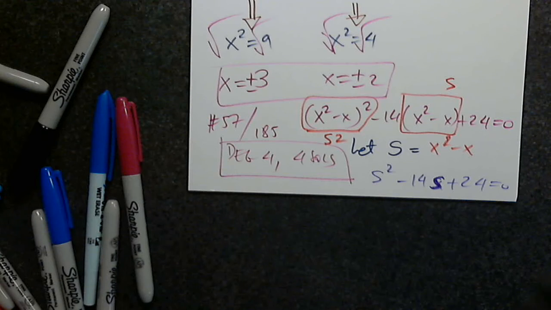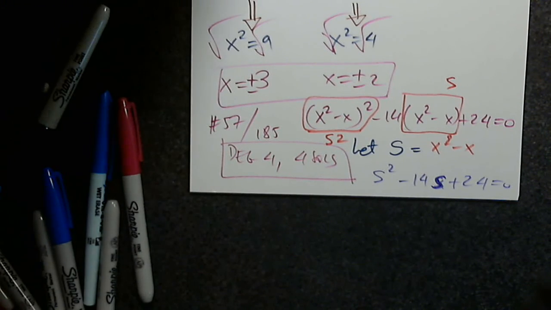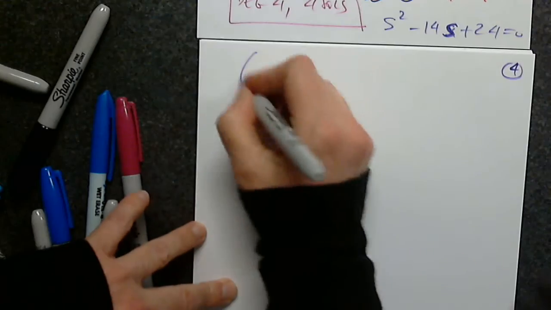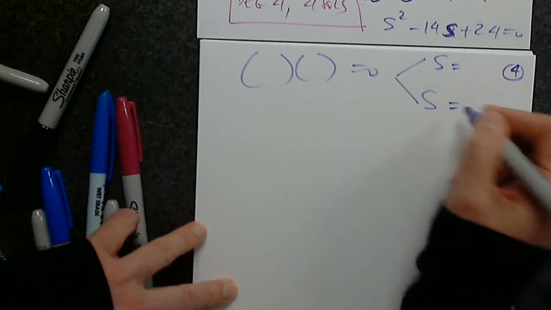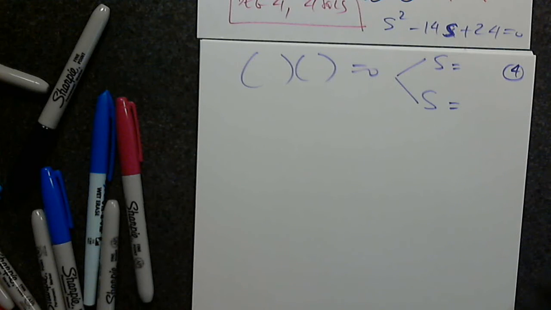Excellent. This is more human. And then, how do I factor this? And then I get 2 options for S. So S squared minus 14S plus 24 would be right.